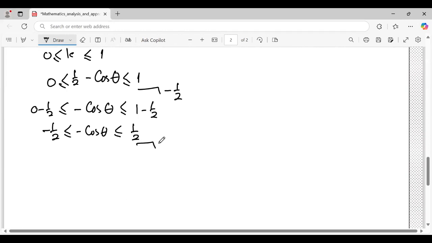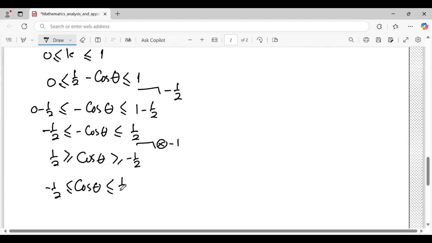After that, times minus 1. If times minus 1, it becomes 1/2 cosine theta minus 1/2, or cosine theta minus 1/2, 1/2, like this.